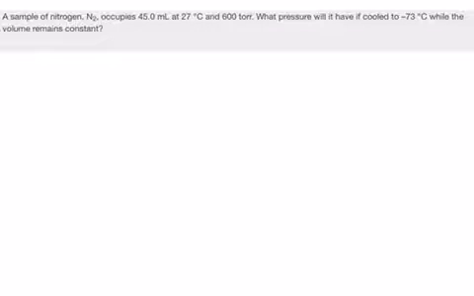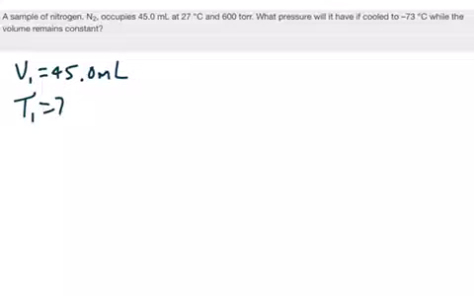So here we got a sample problem where you got a sample of nitrogen and they give you the volume, and we'll call it 45 milliliters. And they're telling you that this volume is at 27 degrees Celsius, and they give you a pressure of 600 torr.